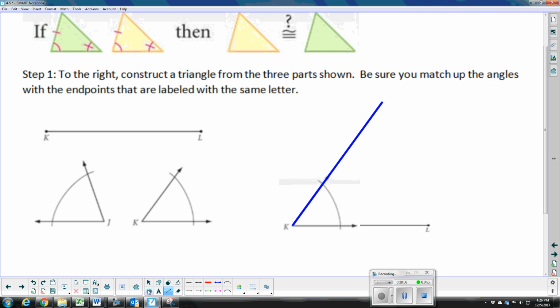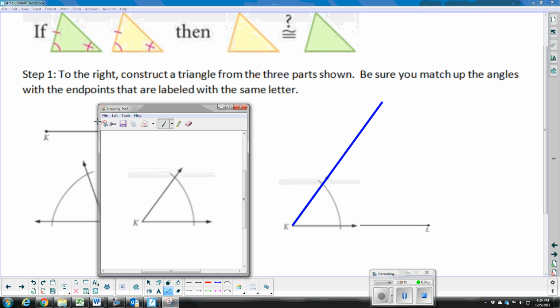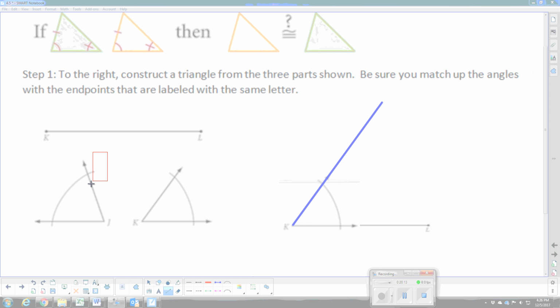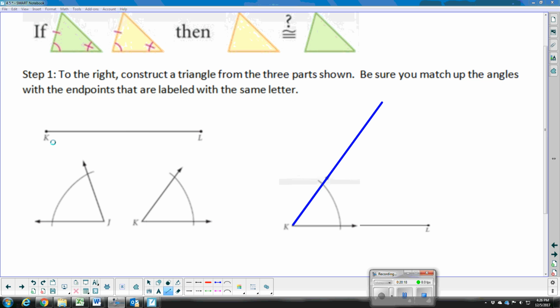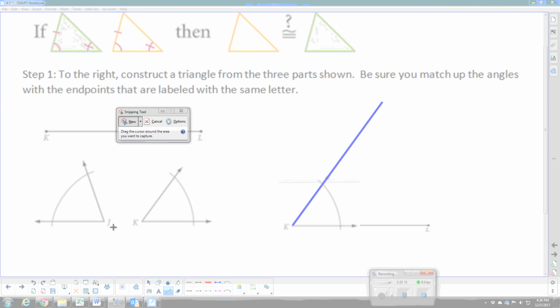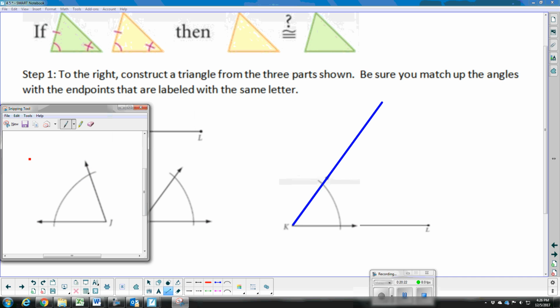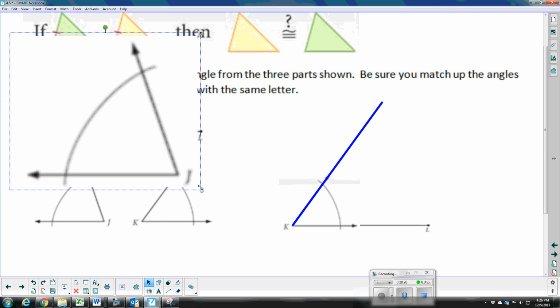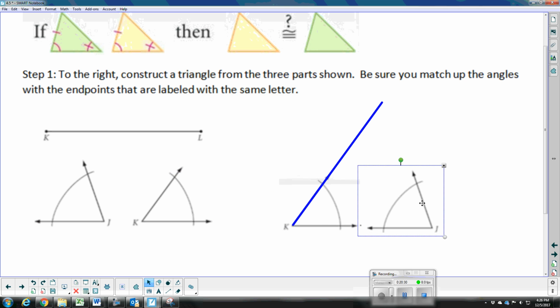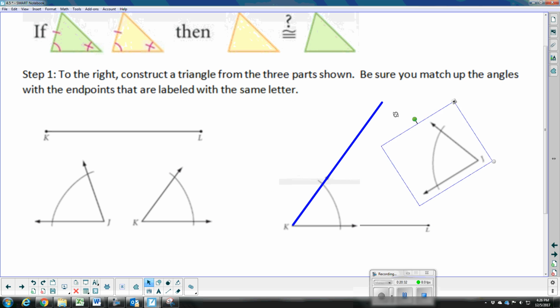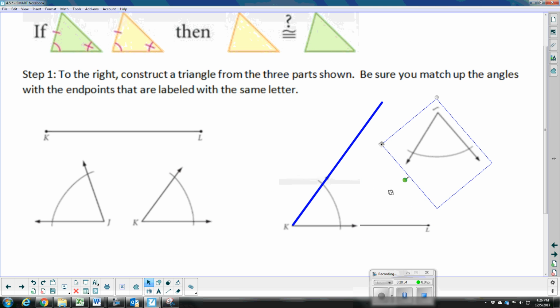And then if this angle is angle J, now it's not angle L, it's angle J. So it's going to be up here.